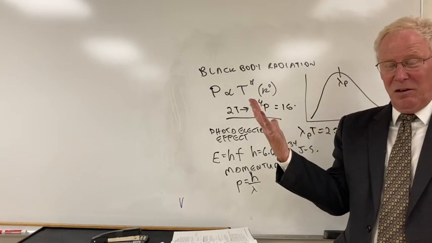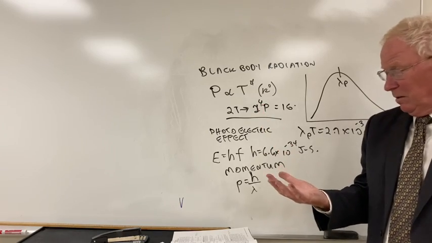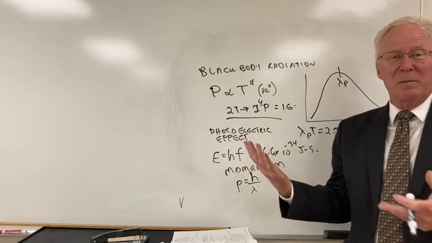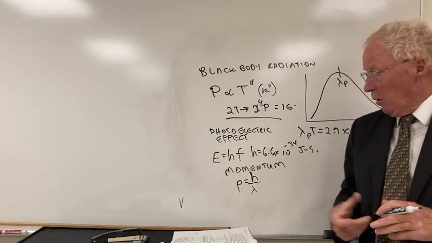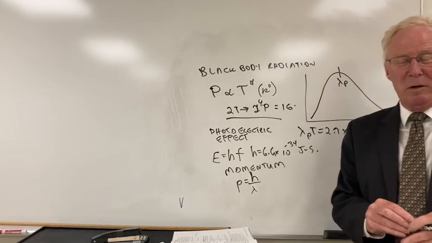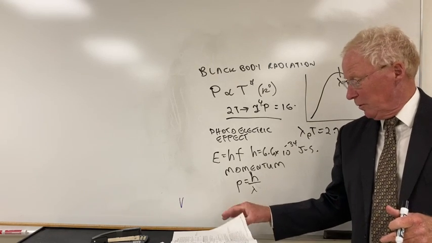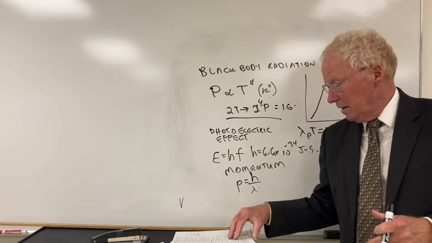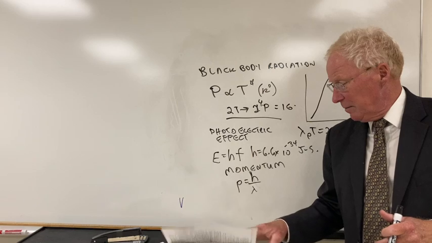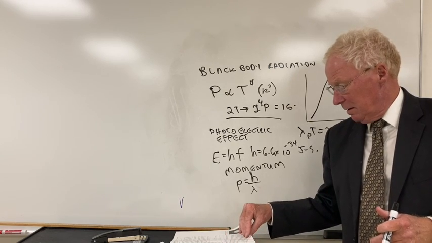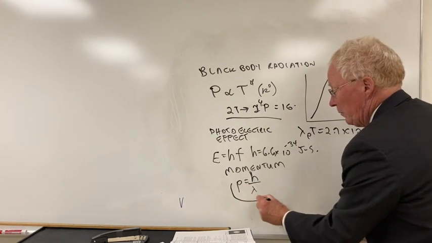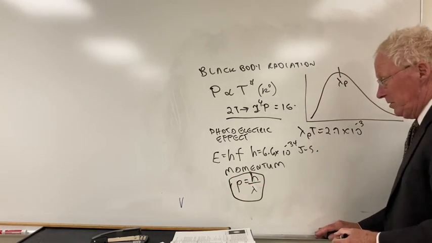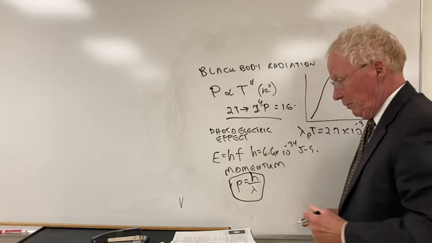Every day, large objects still have a wavelength, as we've seen from the lecture for this chapter, but it's so incredibly small that it's immeasurable. Let's see here. Yes, we have the wavelength nature of light. So momentum is h over lambda.